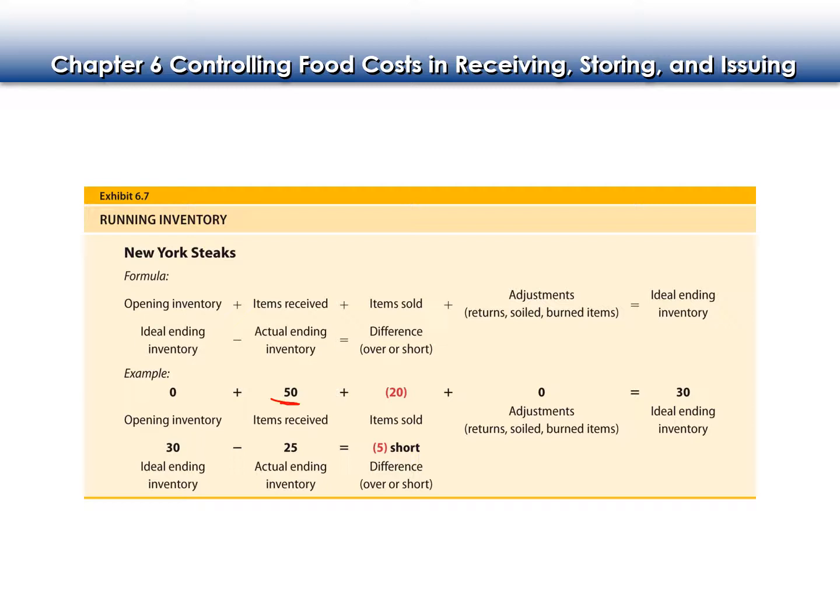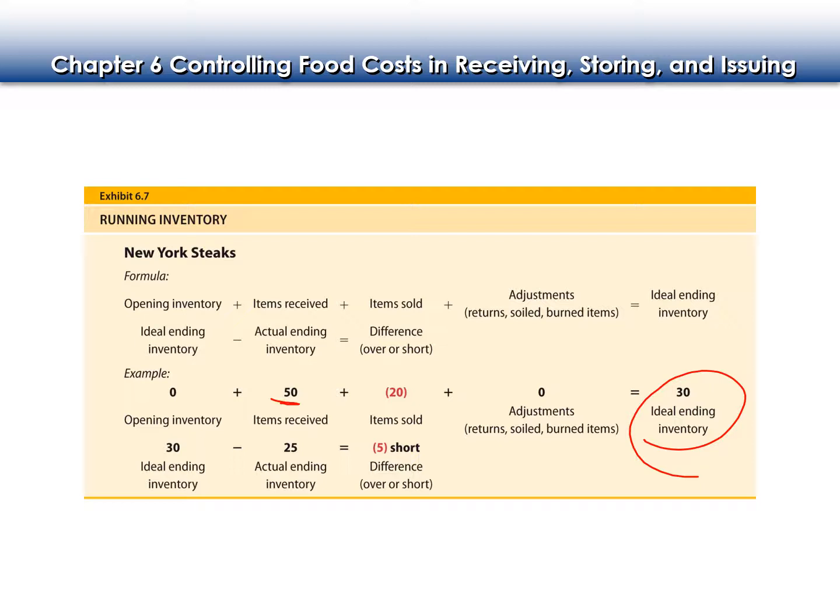This red parentheses is a negative number, so you add a negative, which is essentially subtracting, okay? So opening inventory plus our items received minus what we actually sold gives us our ideal ending inventory. That's our perpetual, okay?